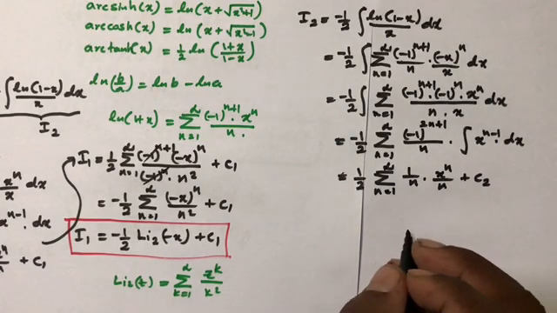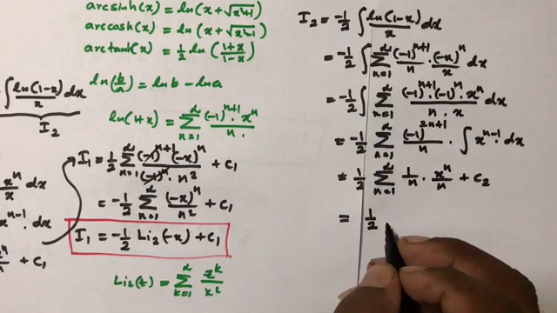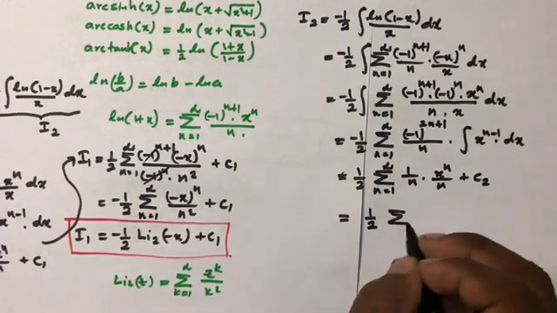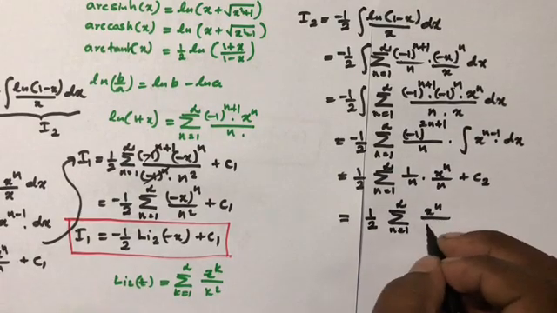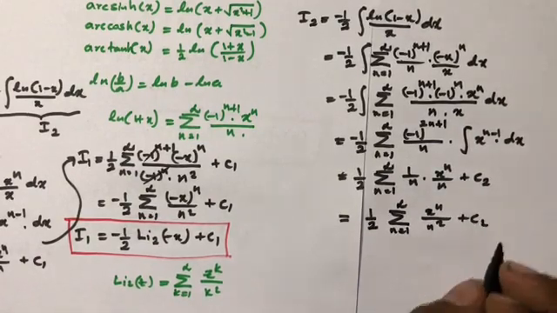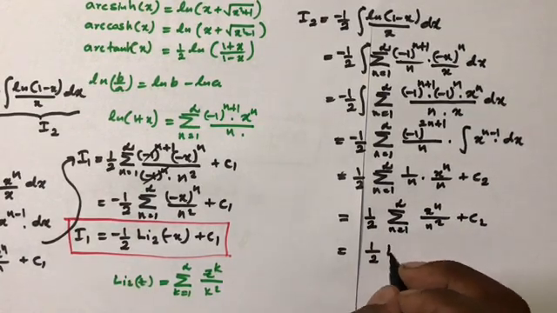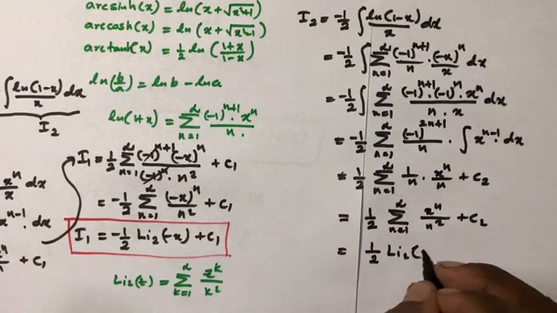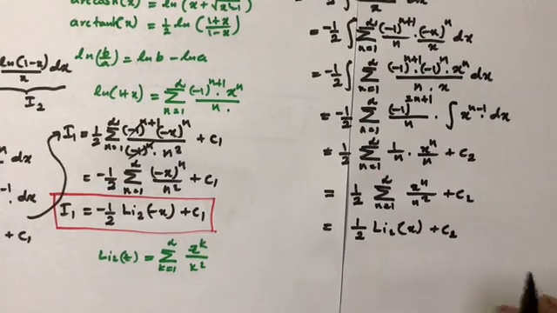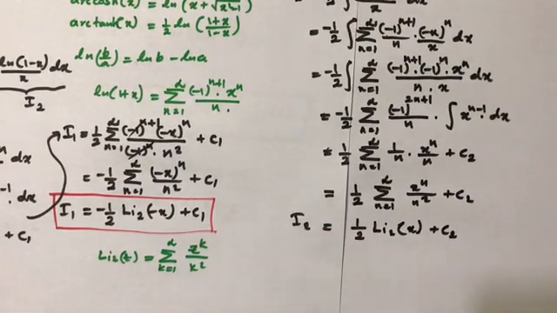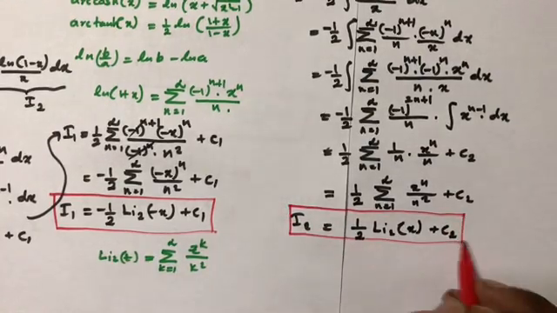Okay, then we can write now this is equal to 1/2 infinite sum n equal 1 to infinity x to the n over n square plus c2. Now we know this is equal to 1/2 the dilogarithm of x plus c2. Okay, now we know this is I2. Now we evaluated I1 and also I2.